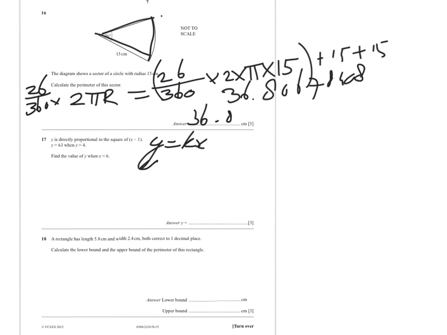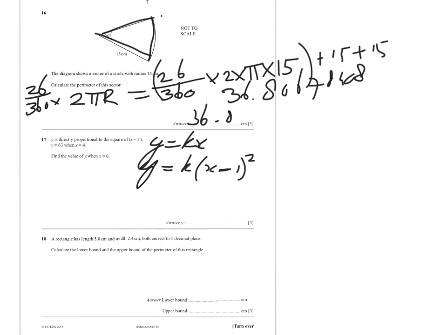So I'm going to make it appropriate for this situation, because they say the square of x minus 1. So x minus 1 squared, not just x. And they say y is 63 when x is 4. So step by step, direct proportion, so kx rather than k over x for inverse, x minus 1 squared, y equals 63, x equals 4.